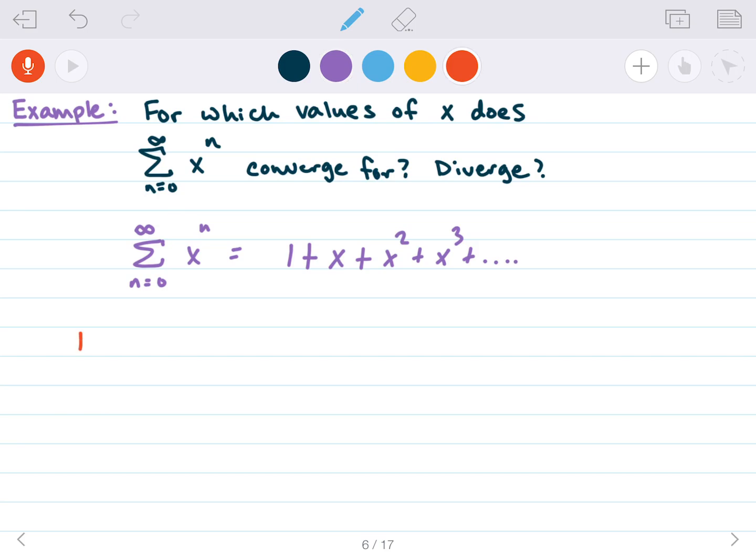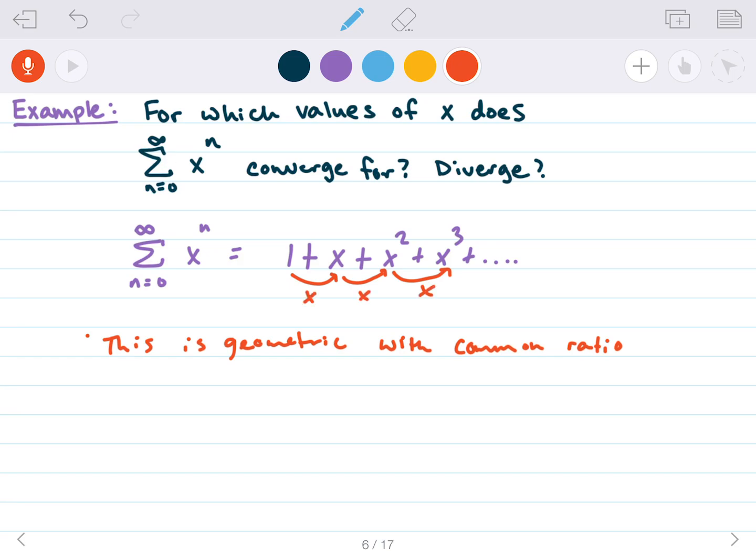This is geometric. What's the common ratio? What do I have to multiply each term by to get the next one? I have to multiply by x, right? So the common ratio is going to be x.